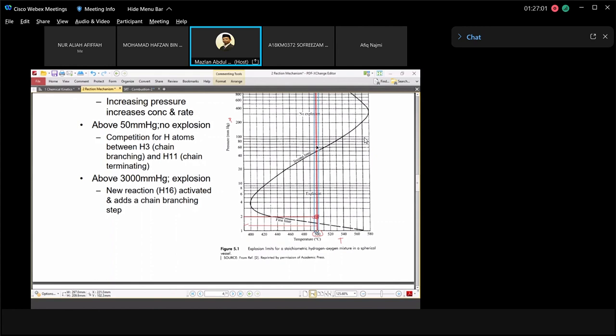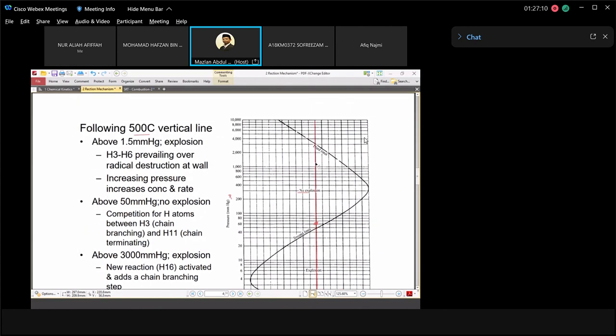Here there is no explosion. If you further increase the pressure to this point, 2000 millimeters mercury, no explosion. But if you pass this point, let's say 4000 millimeters mercury pressure, yes, it will explode again.